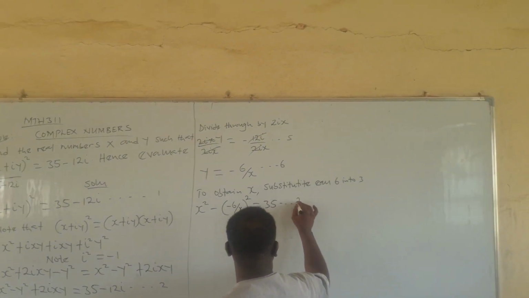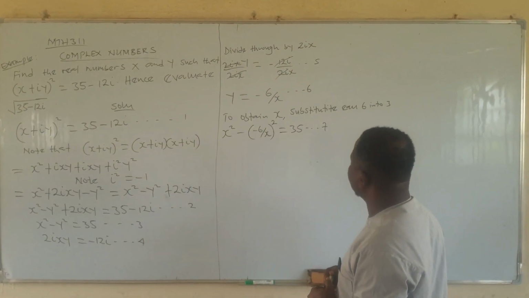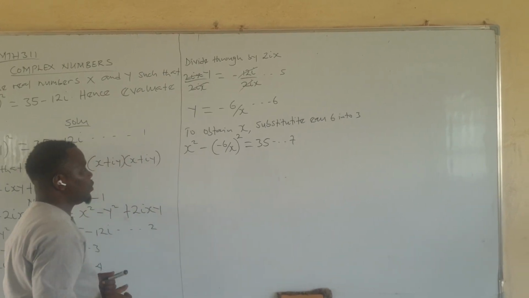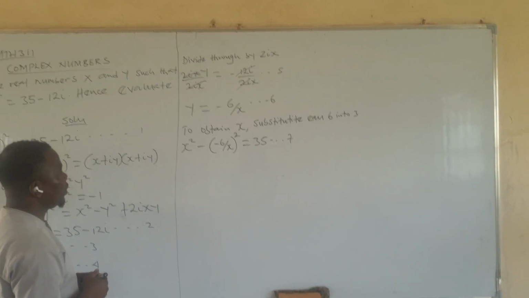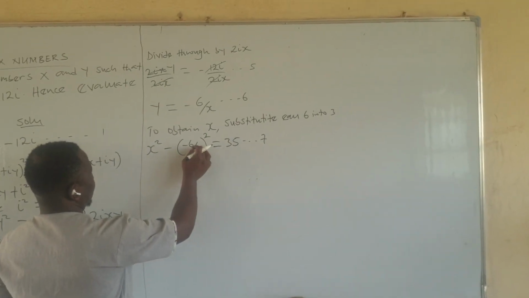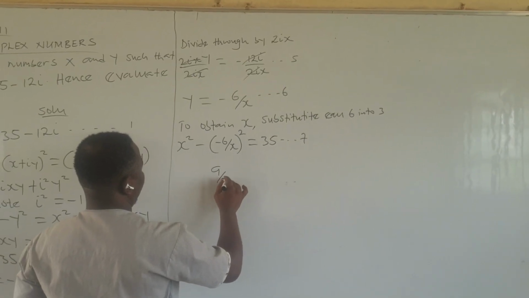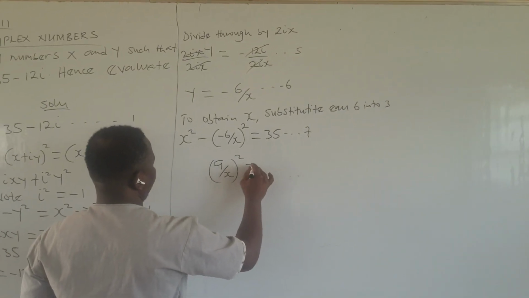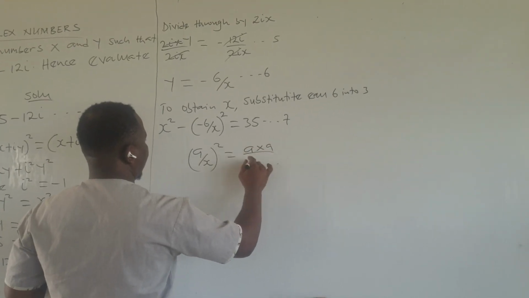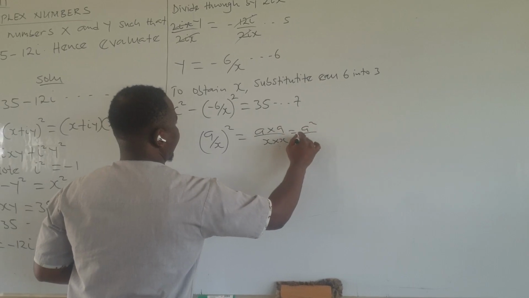So we assume this one to be equation 7. Then it means if we have a all over x all in square, this is the same thing as a times a all over x times x, which is a square all over x square.